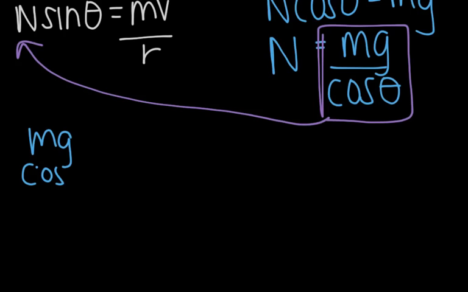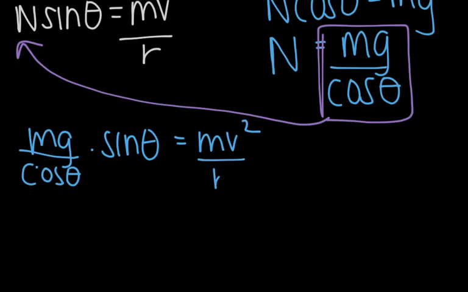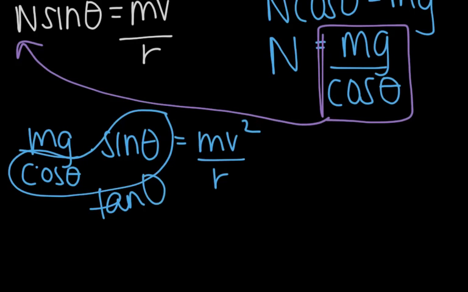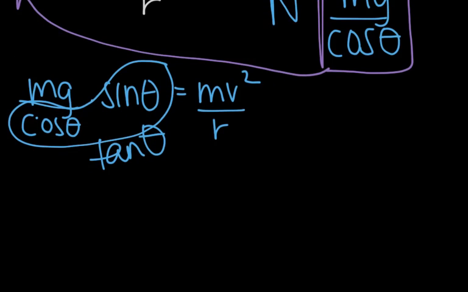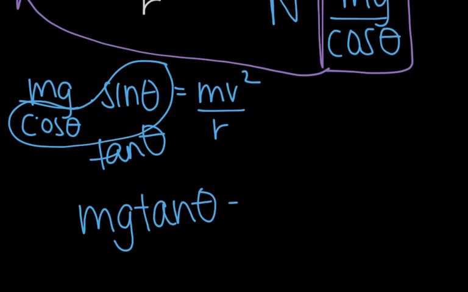mg over cosine theta times sine theta equals mv squared over r. And sine over cosine, we know, is tan theta. So we get mg tan theta equals mv squared over r.